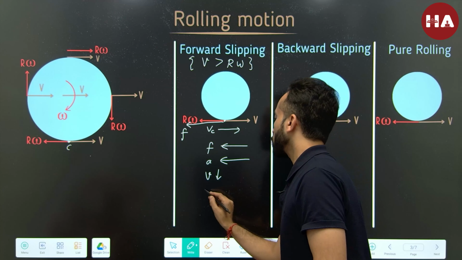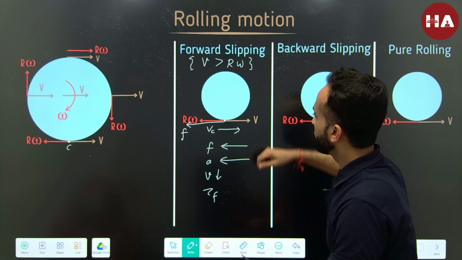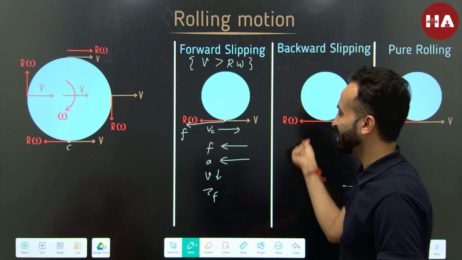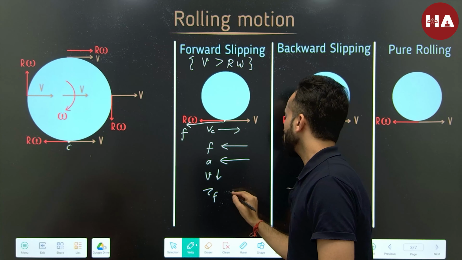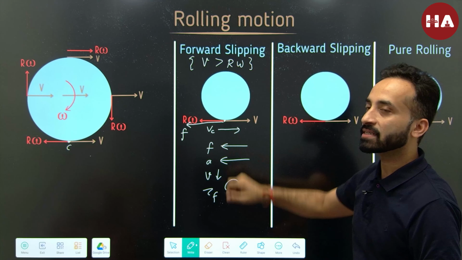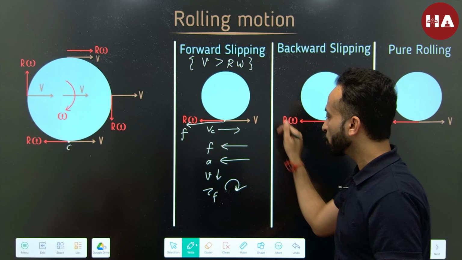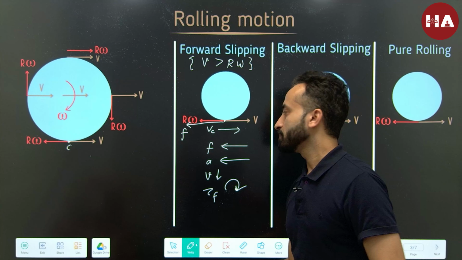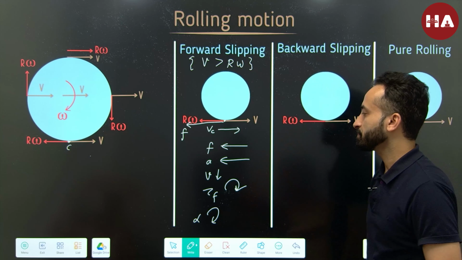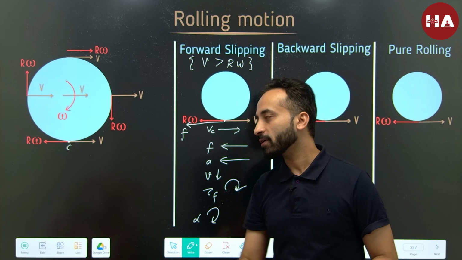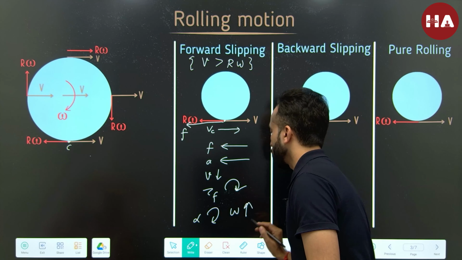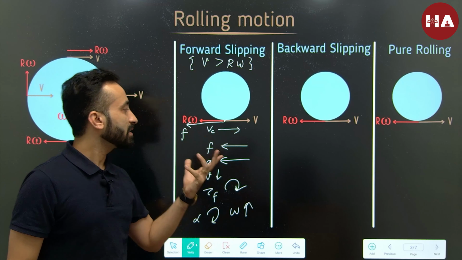What about the torque of friction? Friction is acting like this, and the torque about its center is clockwise. So torque of friction is clockwise, in the same sense as omega. It will cause an angular acceleration, alpha, also clockwise, which will now increase the angular velocity.